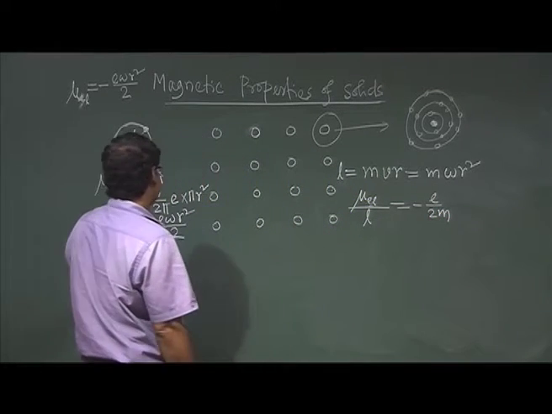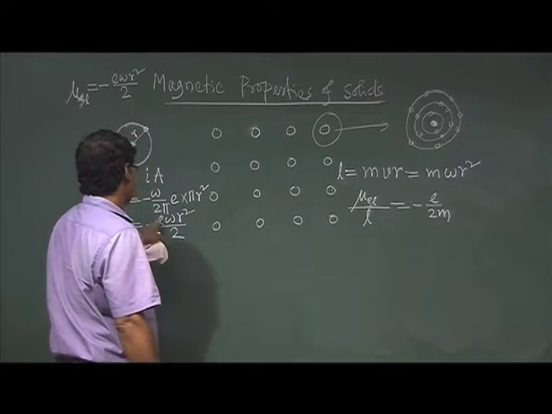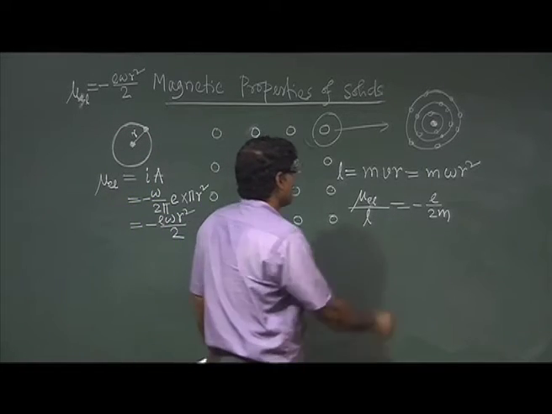Omega r square will cancel. So minus E by 2m, right.